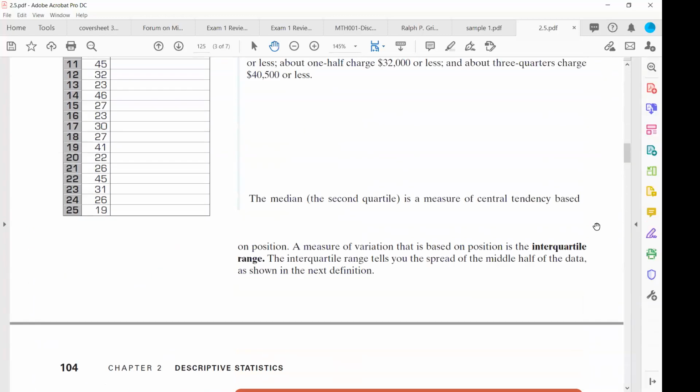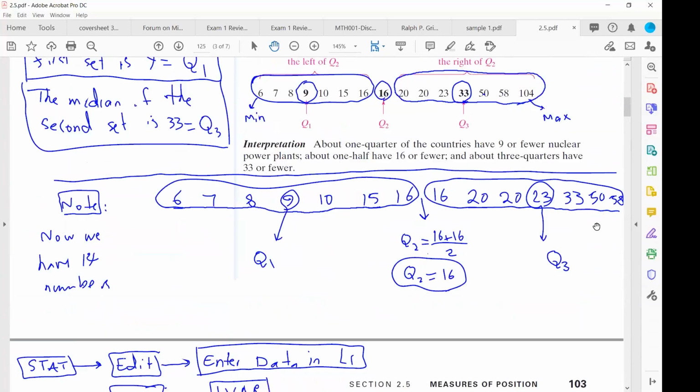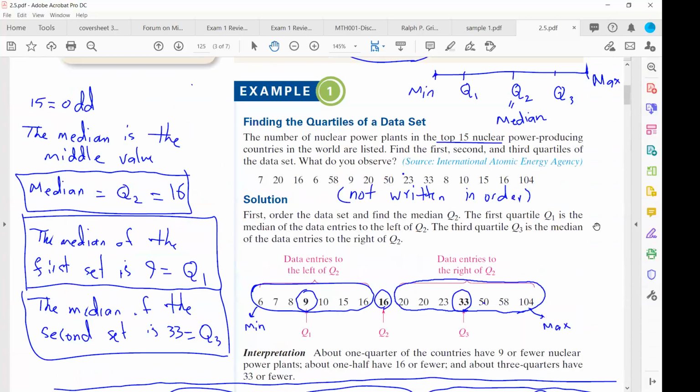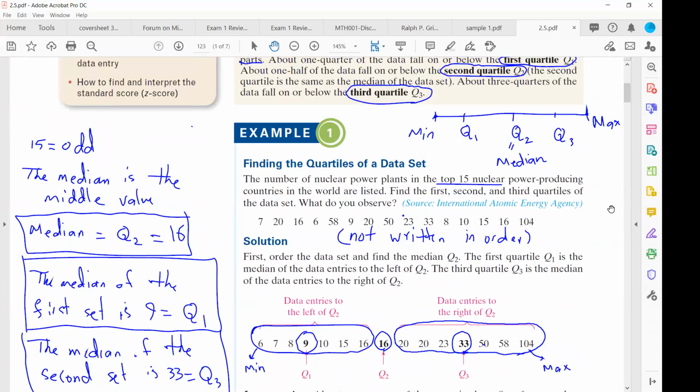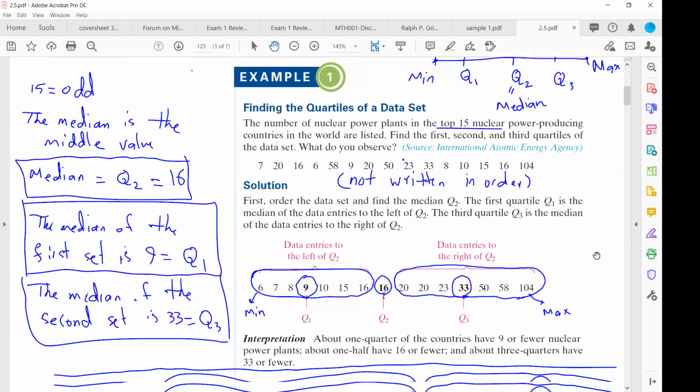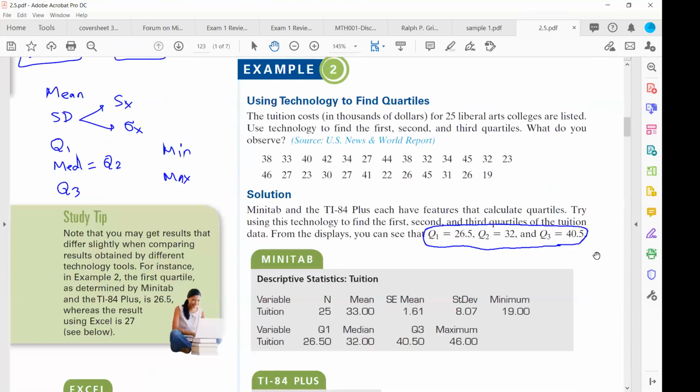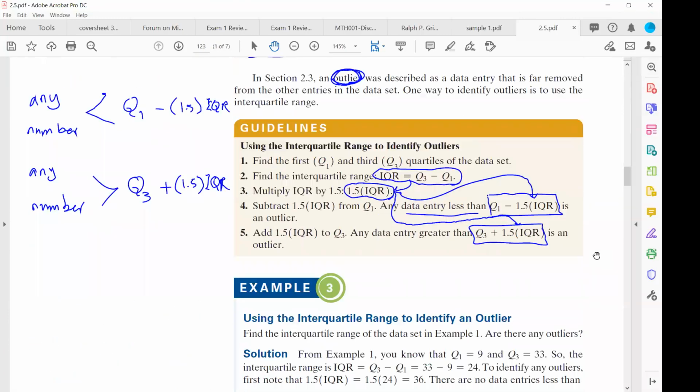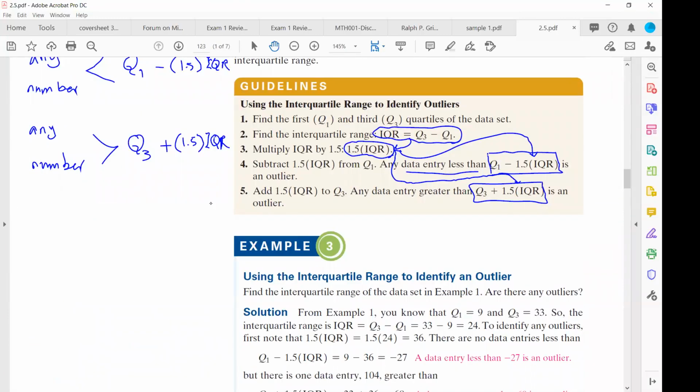In example 1, we have a collection of data, and our goal was to find first quartile, second quartile, and third quartile. 9, 16, and 33 are the numbers that we're going to work with. Q1, 9, Q2, 16, and Q3, 33.